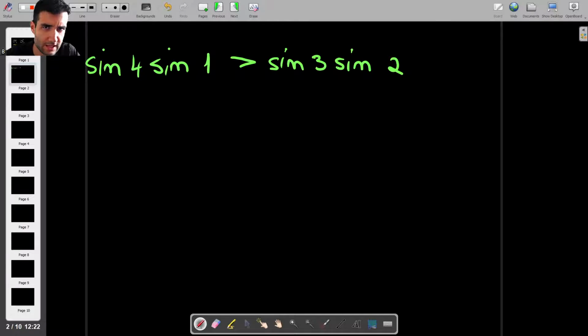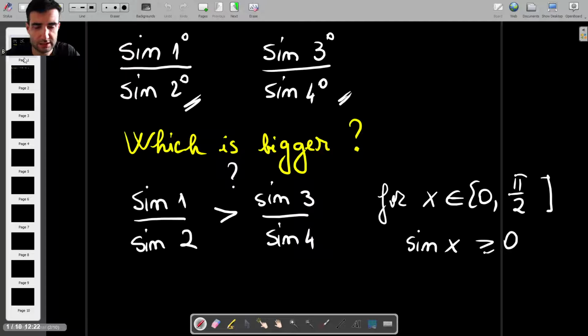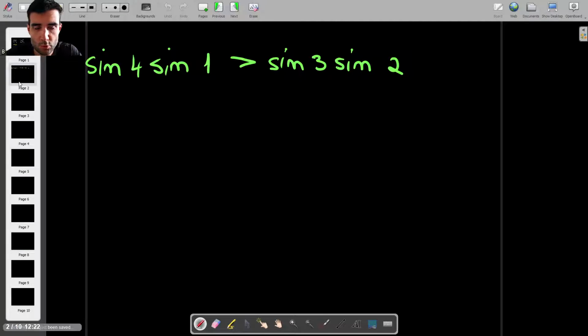So it doesn't actually look like we made much progress, but actually we can do something now. On each side of the inequality, we've got a product of sines. So what we can do with this is convert a product into a sum. And here's what I mean by that.